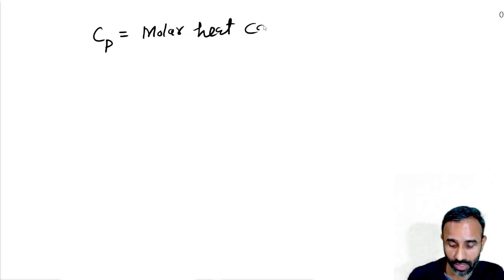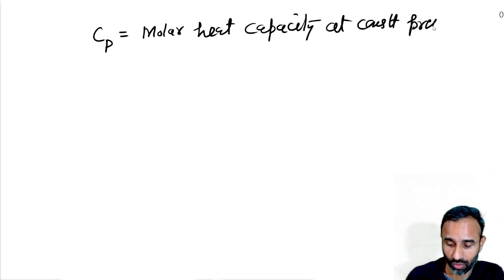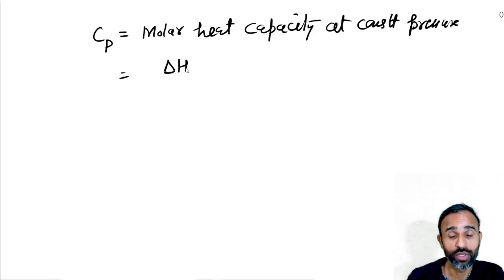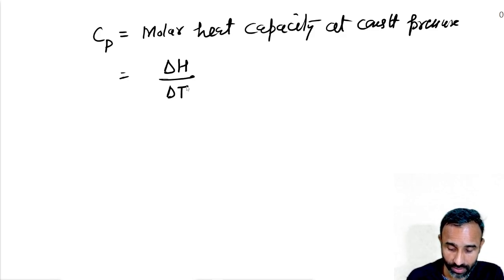Now the relation between Cp and Cv. So you know what is Cp? It is molar heat capacity at constant pressure. So it is the amount of heat absorbed or evolved at constant pressure divided by this.